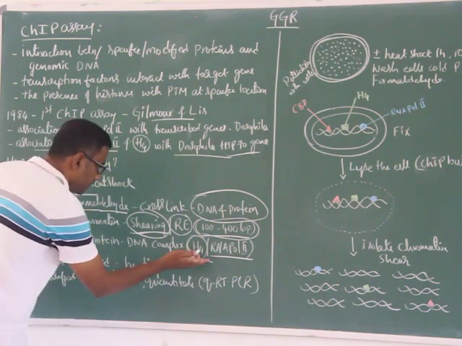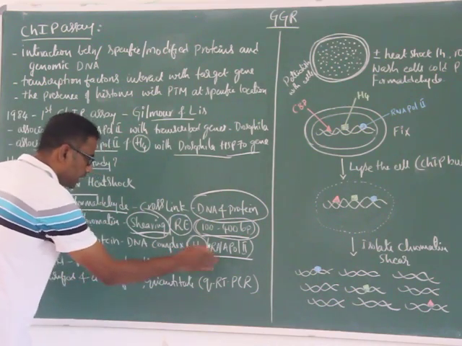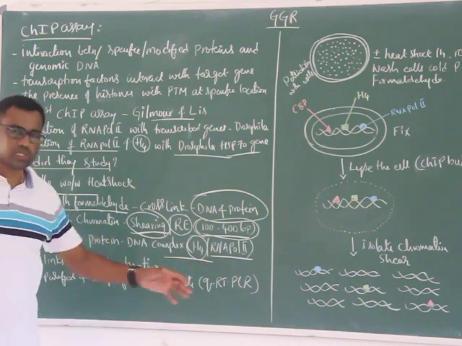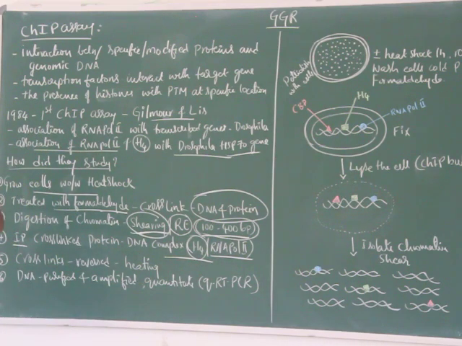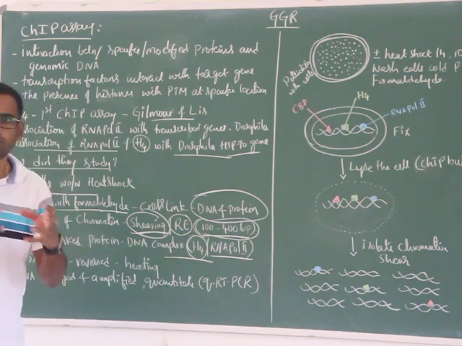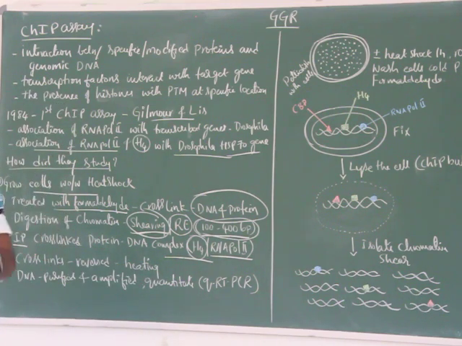So here, when you use antibody against this and then protein A, protein G attached to agarose beads, that protein A, protein G binds to the antibody. Then those agarose beads are insoluble. You can just centrifuge and then pull down the entire chromatin. Chromatin means here H4 along with DNA, right?